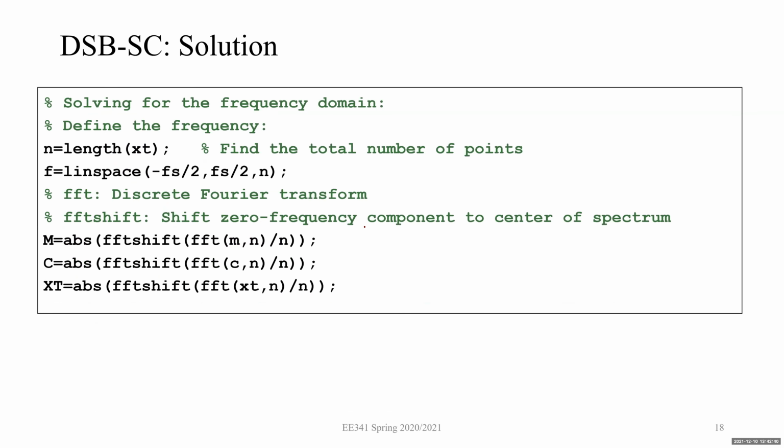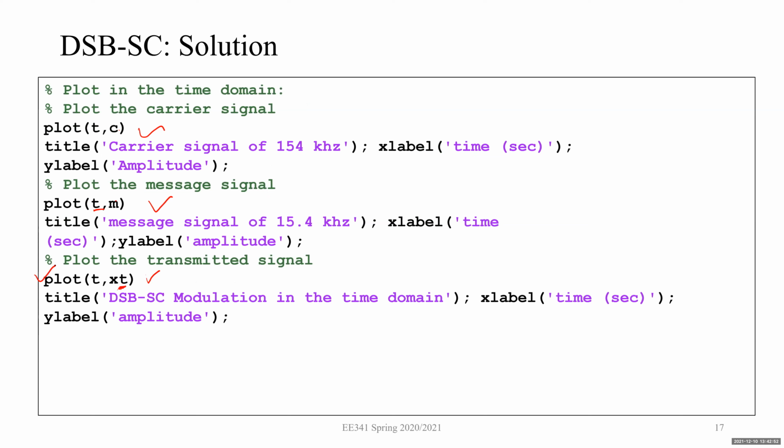Then for the frequency domain plotting, I will first define the number of samples, n, the total number of samples, which is equal to the length of my final signal, X of t.